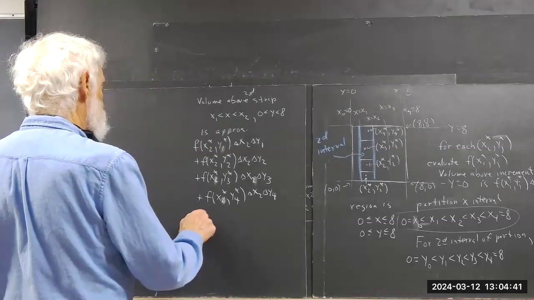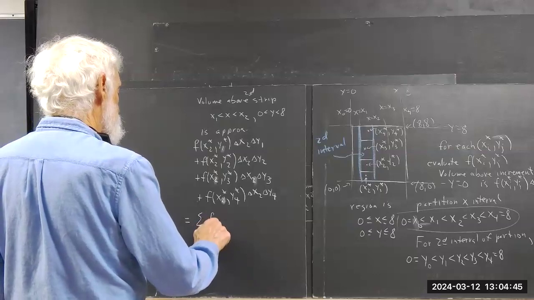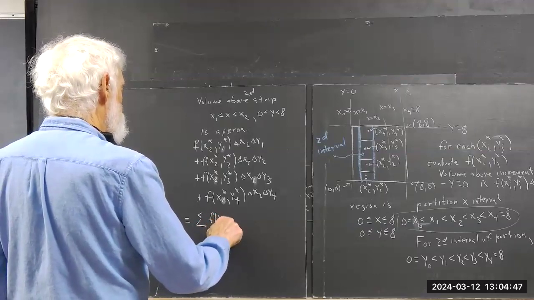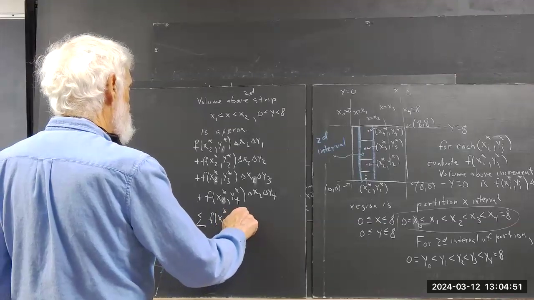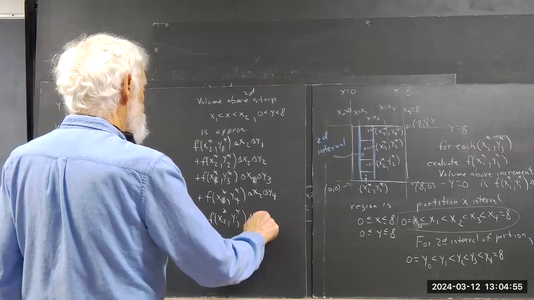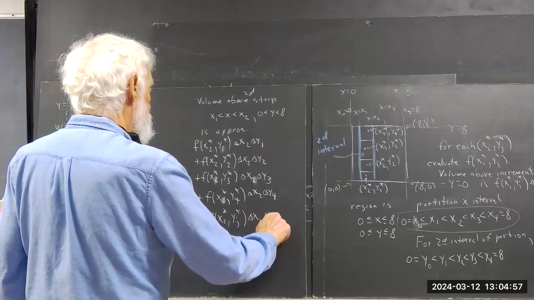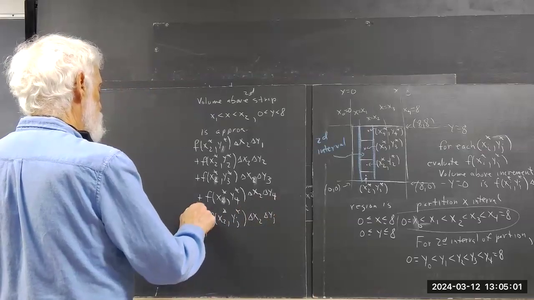So I could write this as the sum of f of x2 star, yj star, delta x2 delta yj, and j equals 1 to 4.